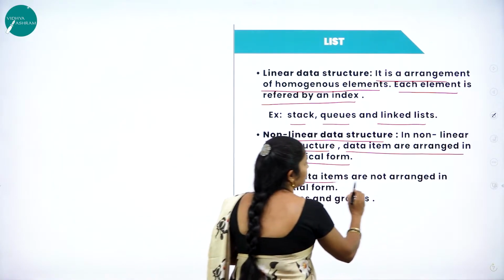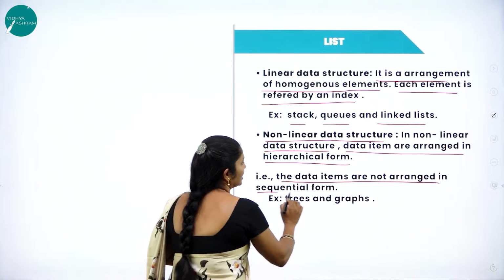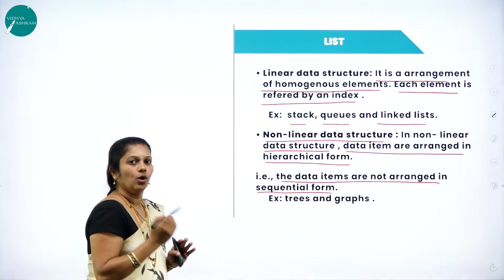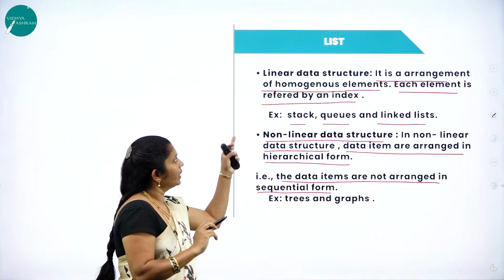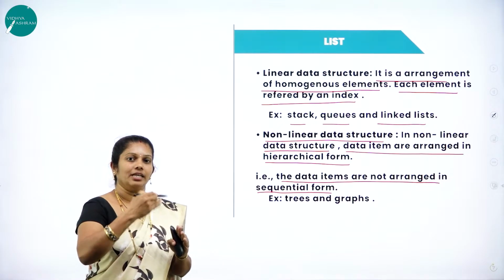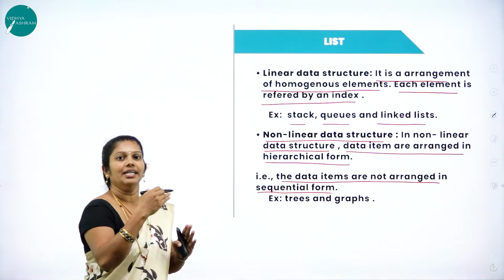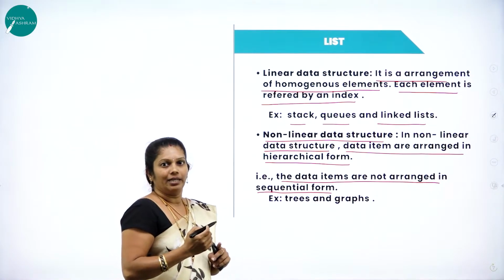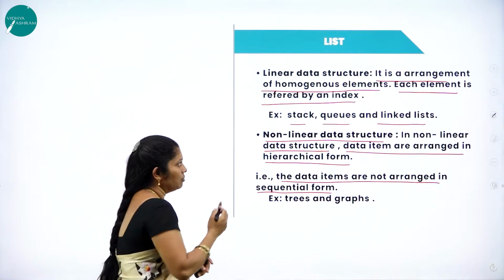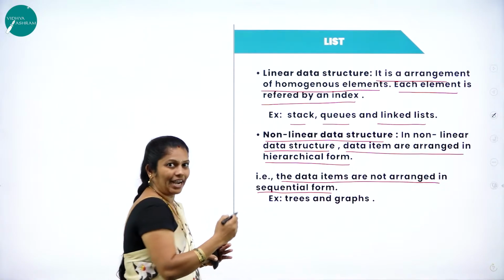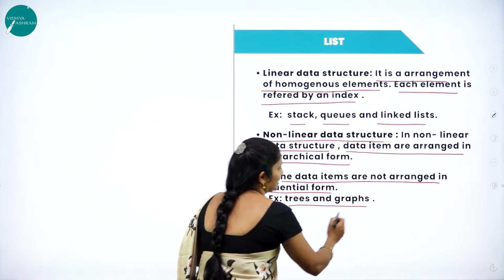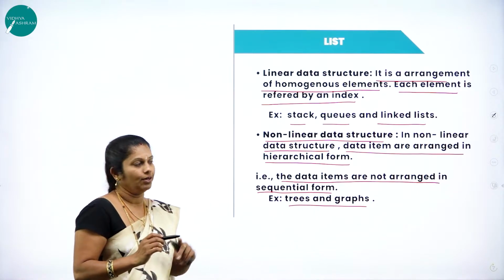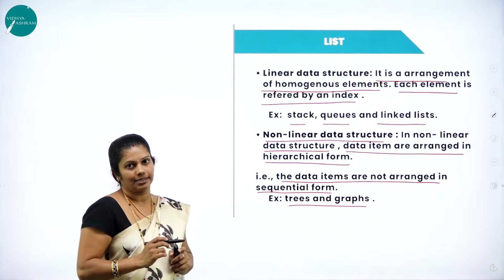The data items are not arranged in sequential form, one after another. Whereas in linear, elements are arranged one after another in a continuous memory location. In non-linear, elements are in random format, not in sequence. Examples: trees and graphs are examples of non-linear data structures.